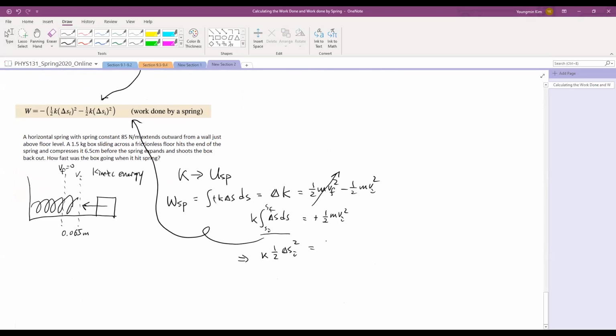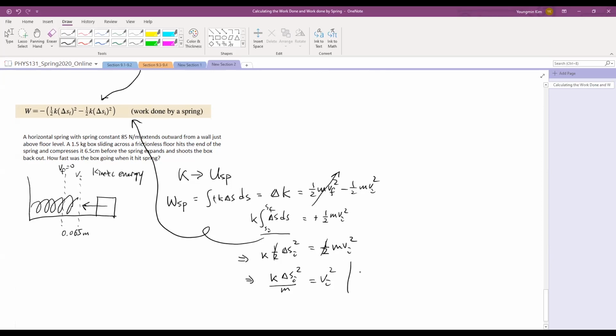And on the other side, you have 1/2 mvi square. So half and half cancels out, and solving for the initial velocity, I have k delta Si square divided by mass is equal to initial velocity square.